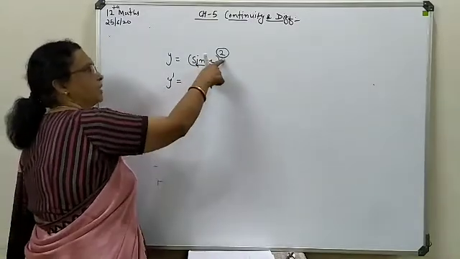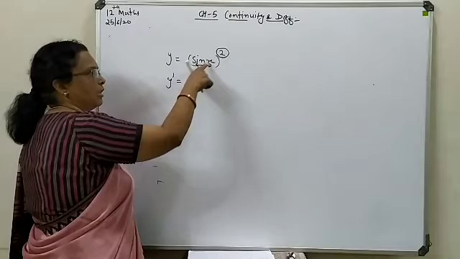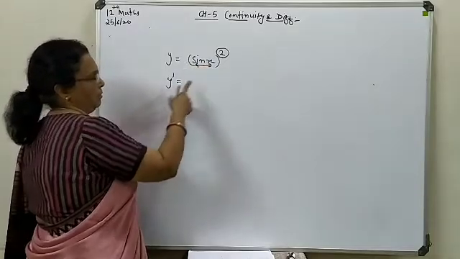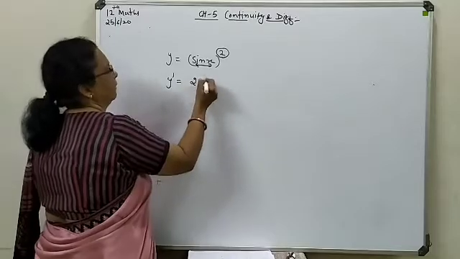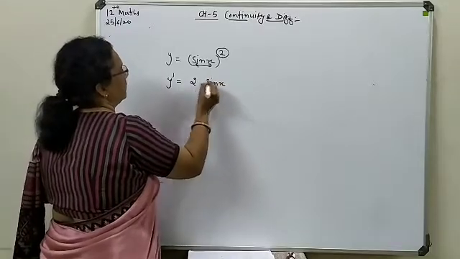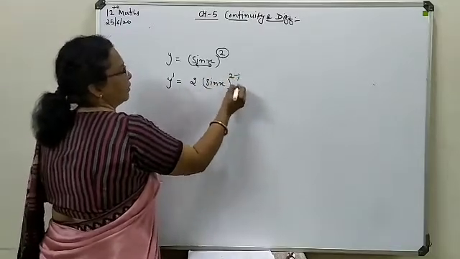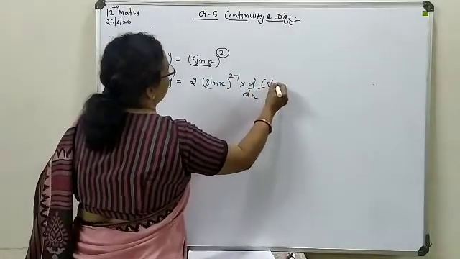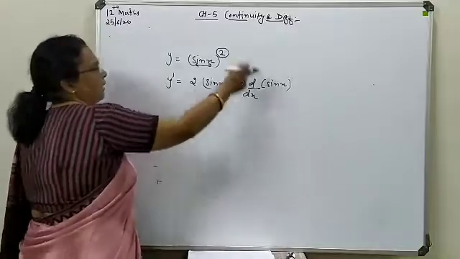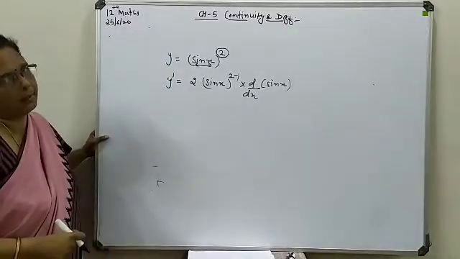So first of all, with respect to this power you will differentiate, then come to the main function. So when you write the derivative of this one, this 2 will come here, then sine x, the power will reduce, then you will go for writing the derivative of sine of x. So this way this type of powers are to be handled.